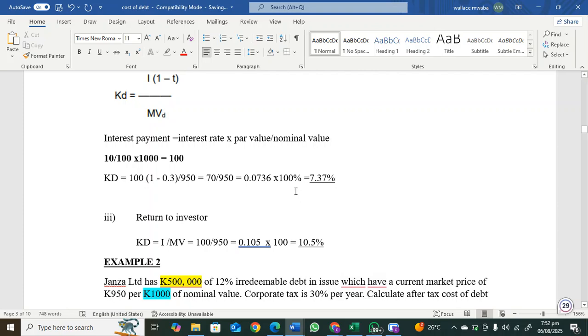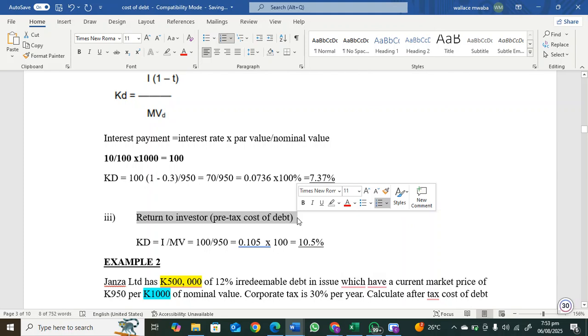Oh, and colleagues, sorry, I forgot to mention one thing. For this return to the investor, in case you are asked the pre-tax cost of debt, you can also use this one. They might not say what's the return to the investor.